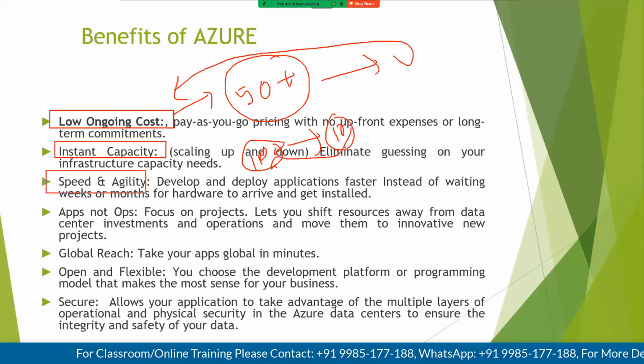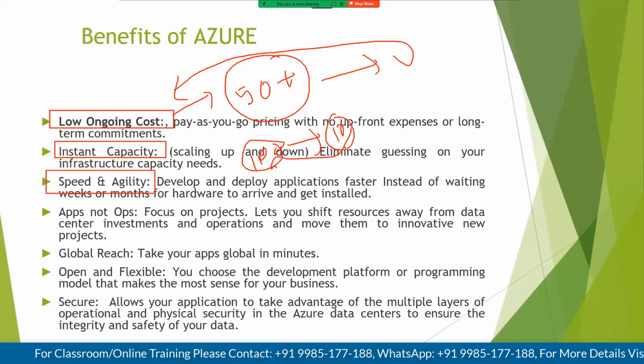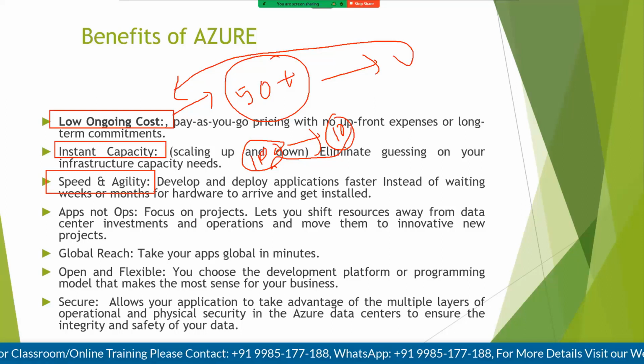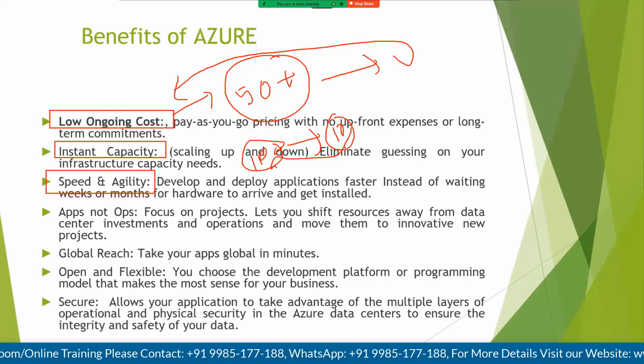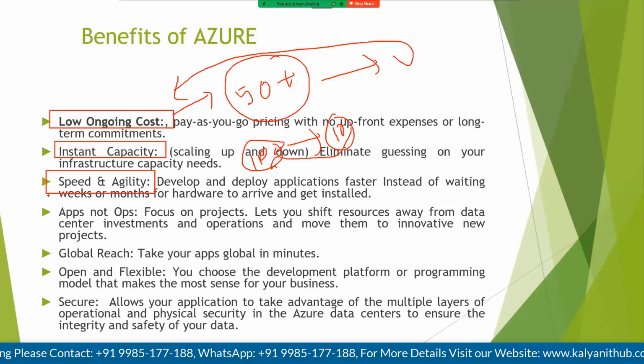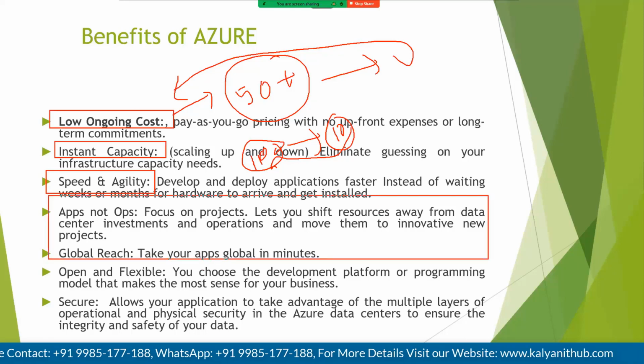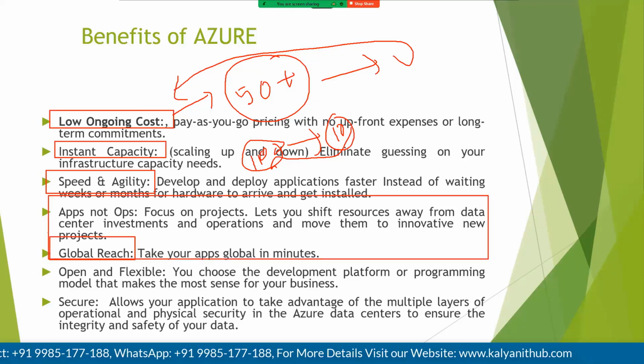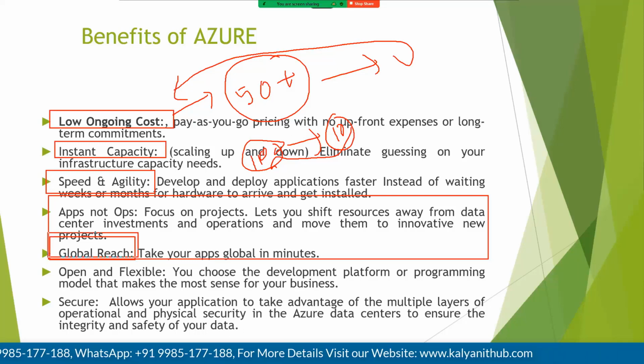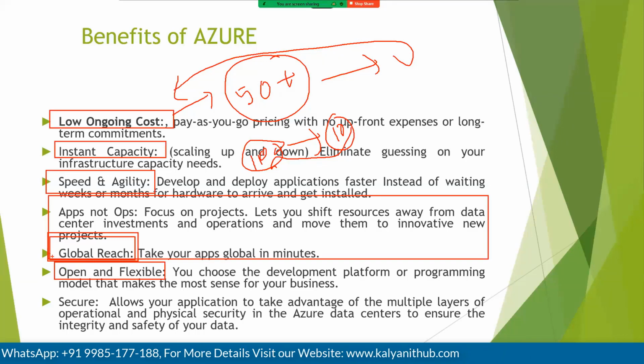Speed and agility means that anytime your data can be distributed across the globe in minutes. Next, global reach. Data can be distributed across the globe in minutes. Clear? Yeah.